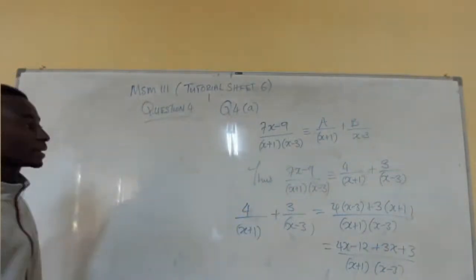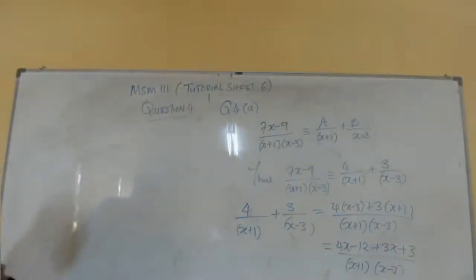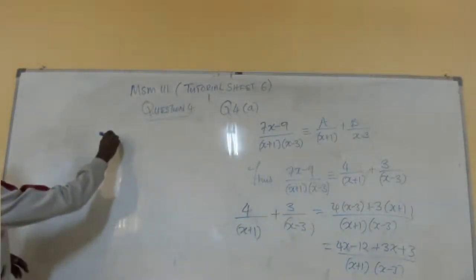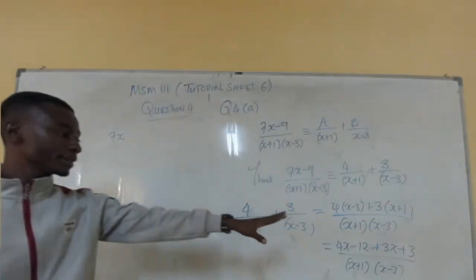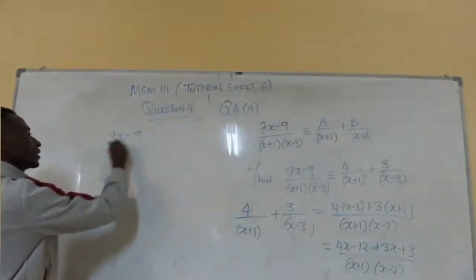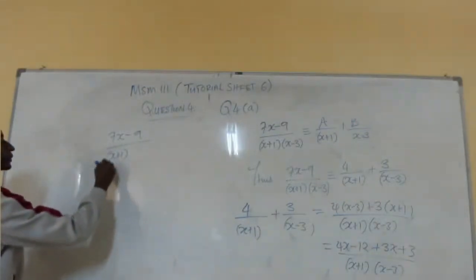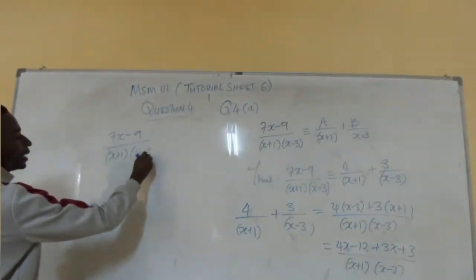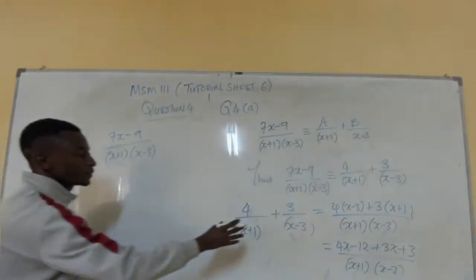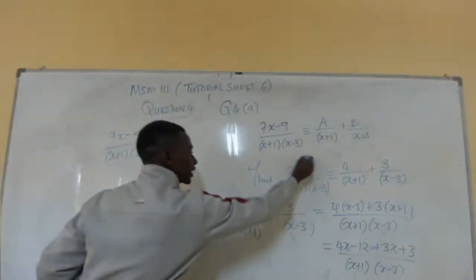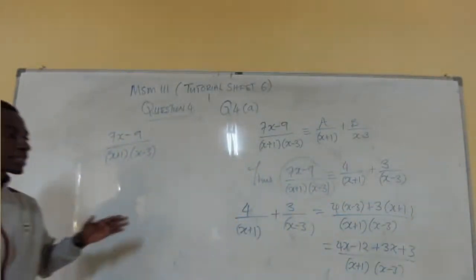What is 4x plus 3x? 4x plus 3x is 7x. What is negative 12 plus 3? It's negative 9. Over x plus 1 and x minus 3. So as you can see, if you solve this partial fraction, you're getting the original expression. So that proves that your answer is correct.